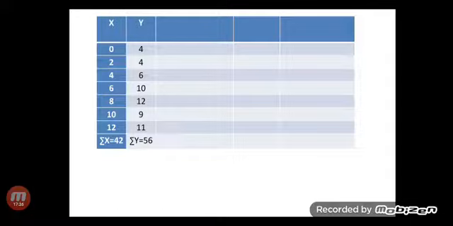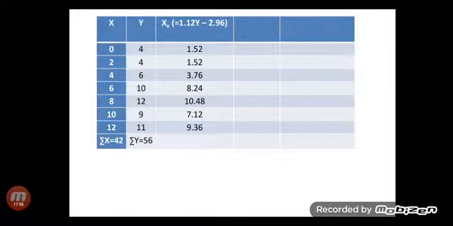Okay, here we have estimated the regression lines of x on y and y on x. Now we calculate the estimated values for x and for y. First, we calculate the estimated value of x from the estimated regression line of x on y by putting the values of y into it.